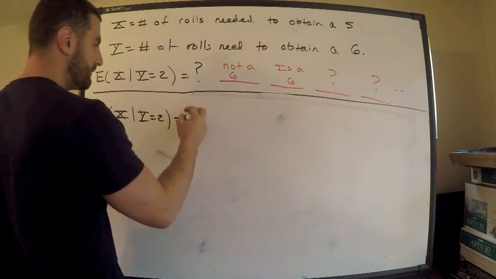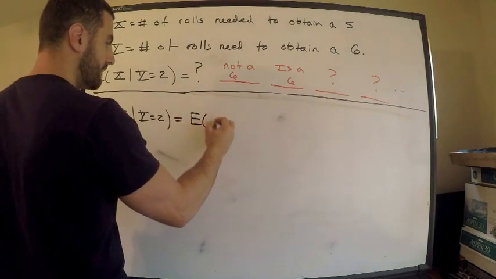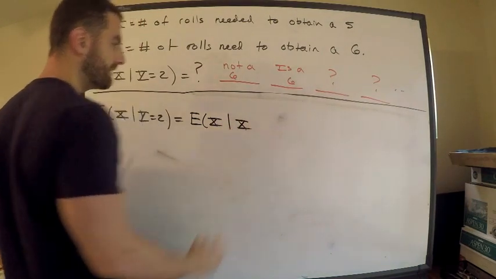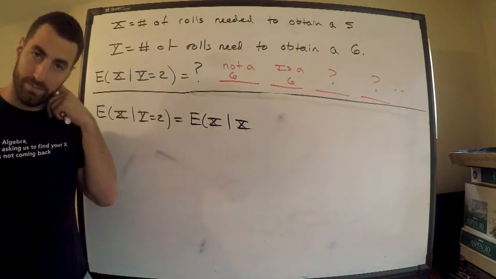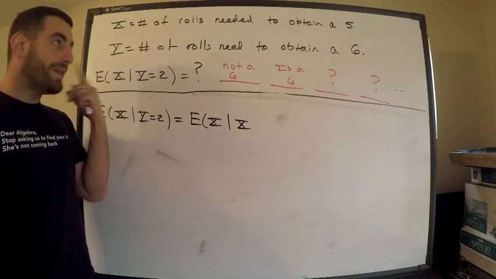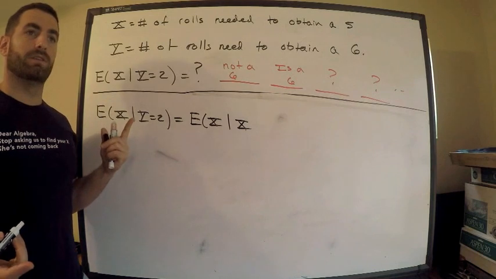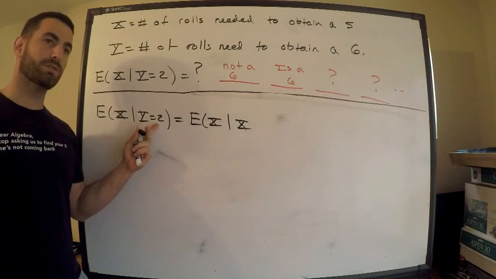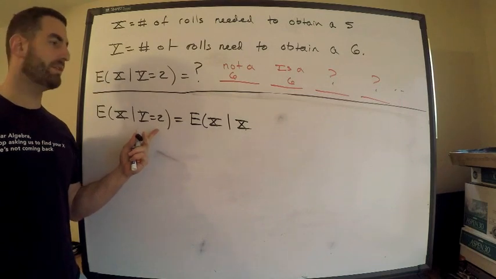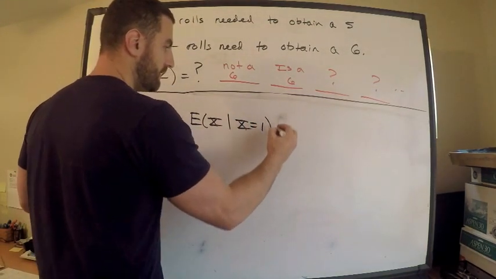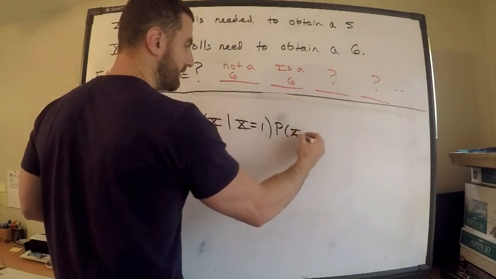So, this is equal to the expected value of X given X is, now what can X be? When you think about this, ask when the first 5 can appear. Well, the first 5 can appear when the number of rolls is less than 2, which means X equals 1, times the probability X is 1.